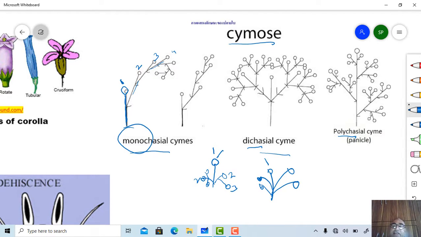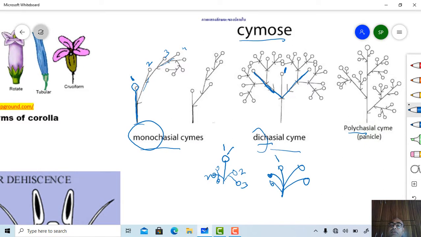What is dichasial? This is a first flower, and laterally it produces two flowers. If you see here, this one is a second flower, this one is a second flower.